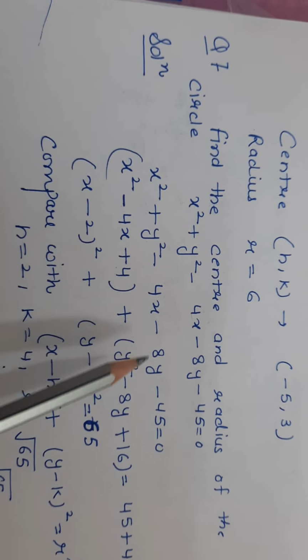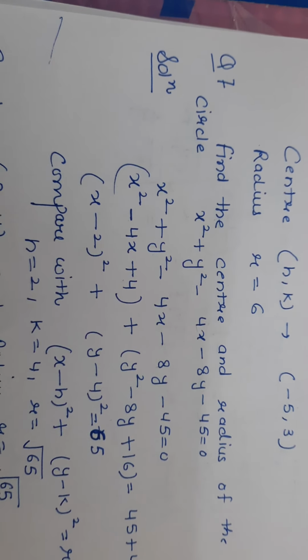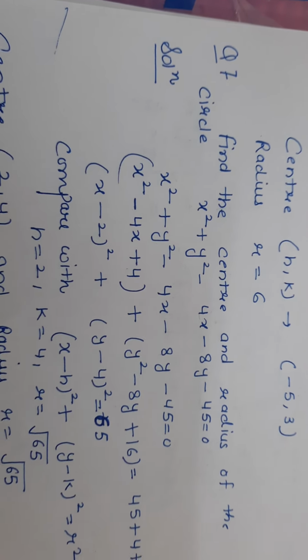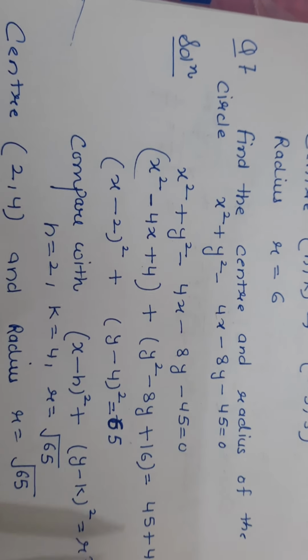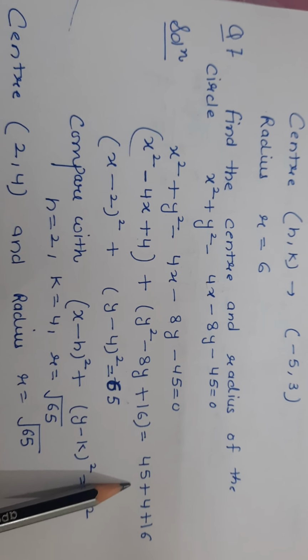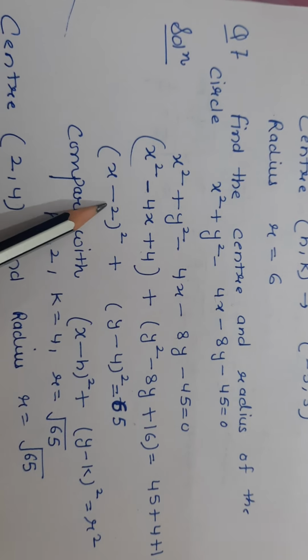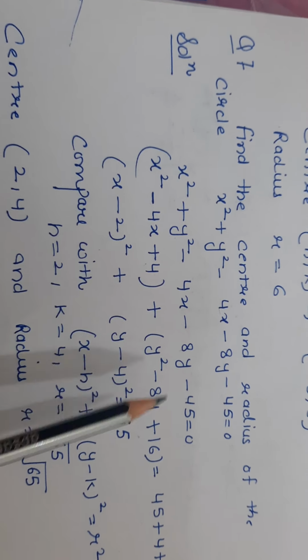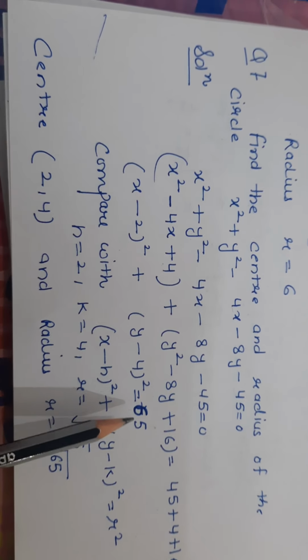Same here, y² − 8y. Half of the coefficient of y will be −4. So if you square −4, that will be +16. So add 16 on the left-hand side as well as on the right-hand side, and shift the constant to the right-hand side. Now you can rewrite this as (x − 2)² + (y − 4)² = 65.